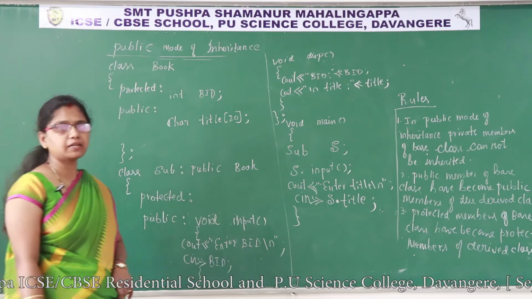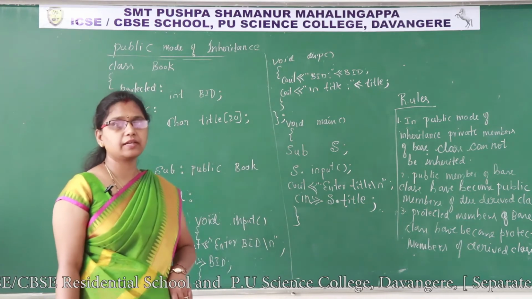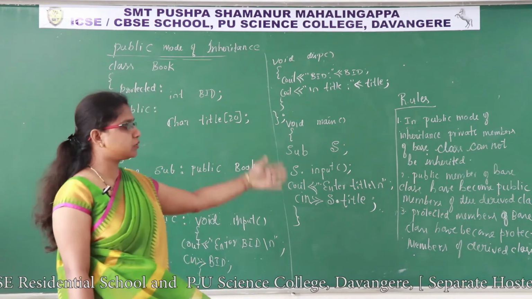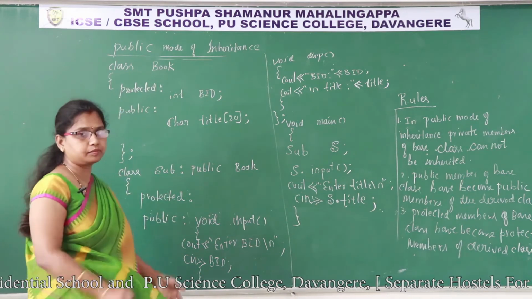Understood? For 5 marks, if they ask a particular mode of inheritance, if public mode, first you need to write the rules and example.